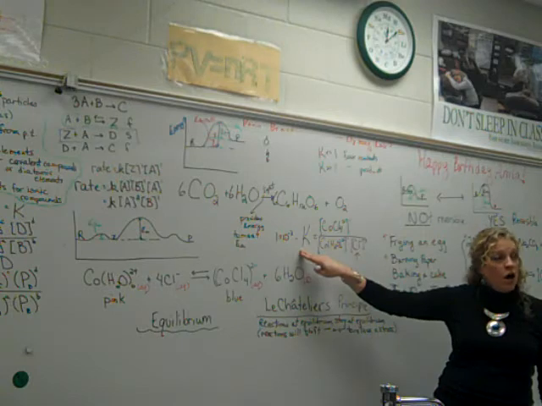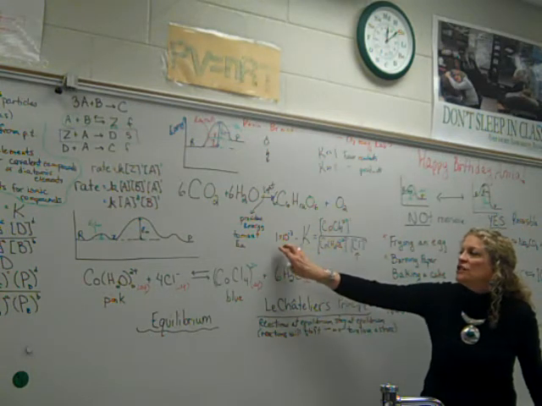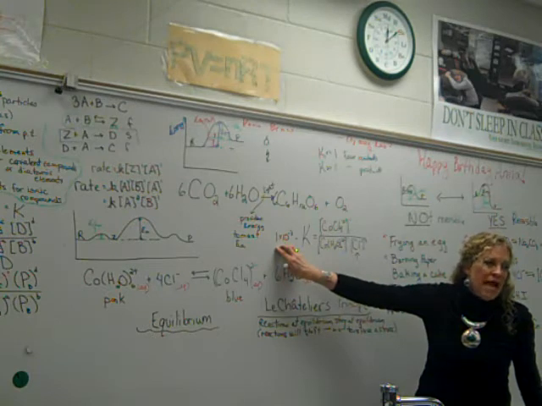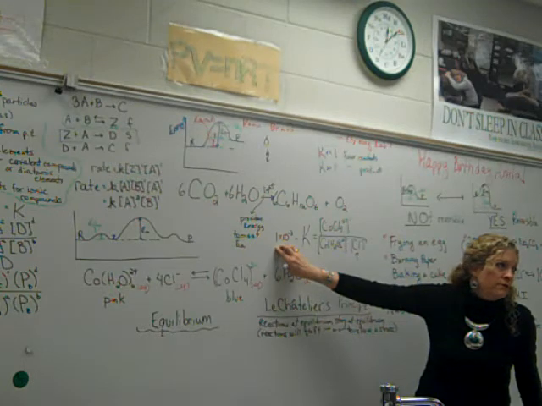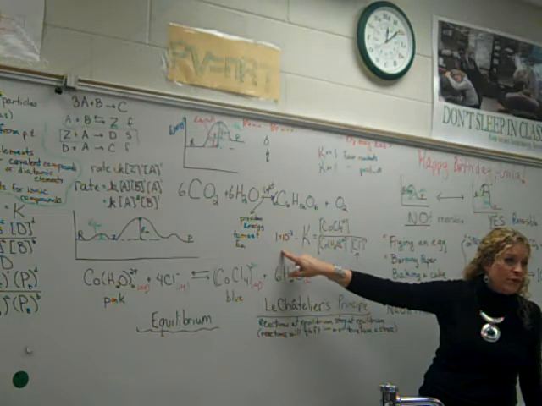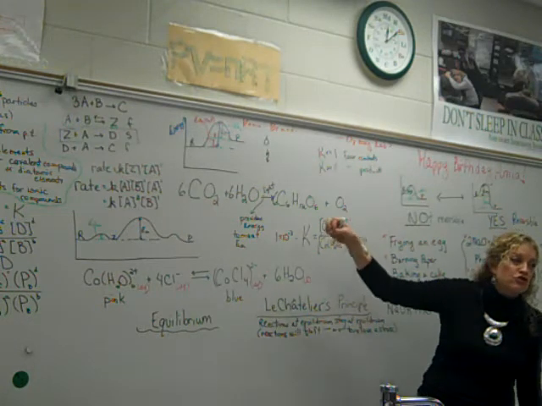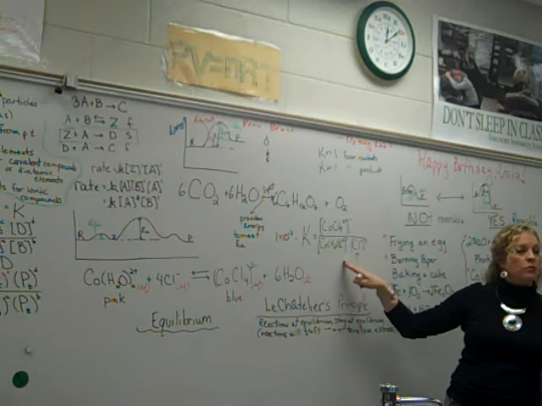Okay? So, if our stress made this smaller, how does the reaction have to respond? It has to make this number get back to 1 times 10 to the negative 3. So by adding chloride, I just dropped the number. So what do I need to do?